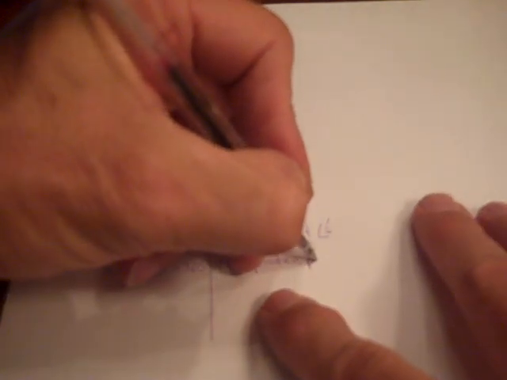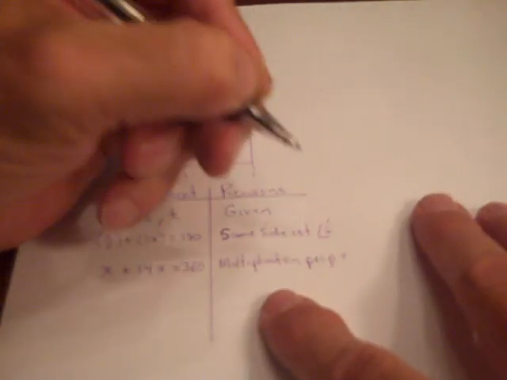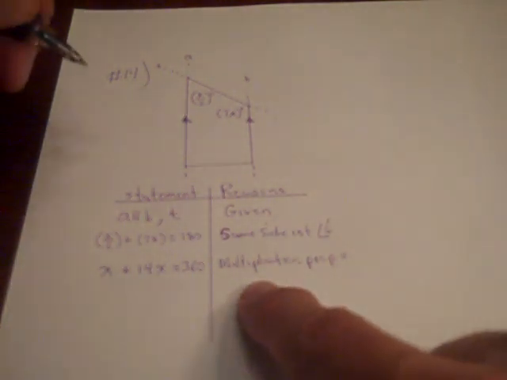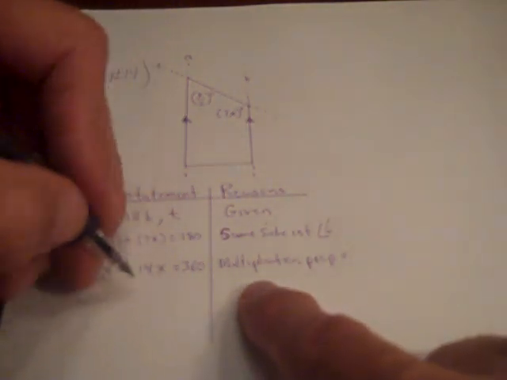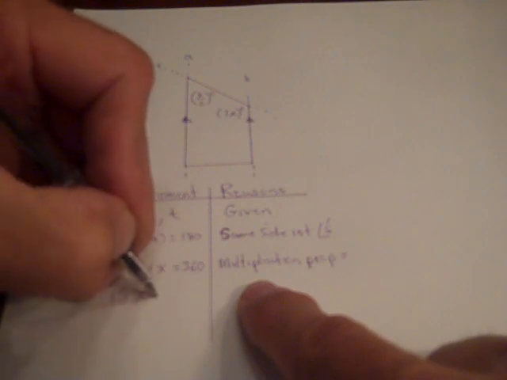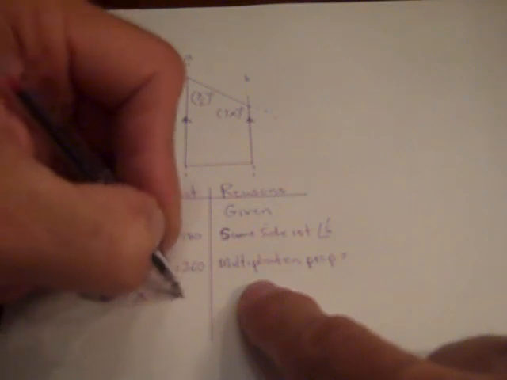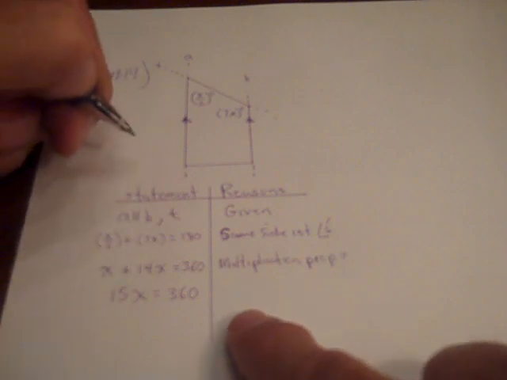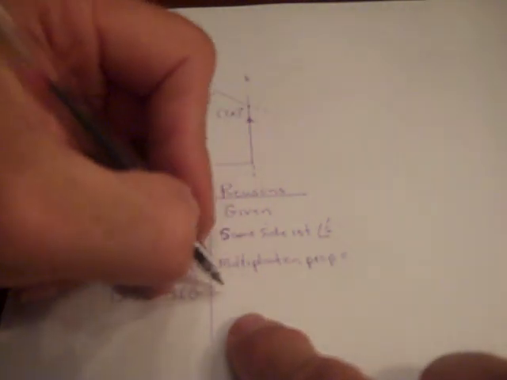That's the multiplication property of equality. And if I combine like terms, that gives me 15x is equal to 360 degrees, and that's just combining like terms or simplifying.